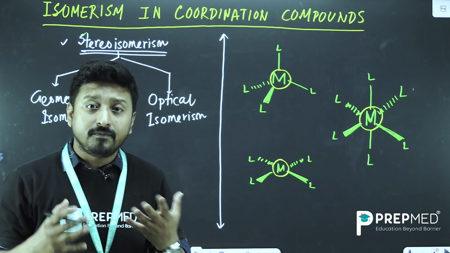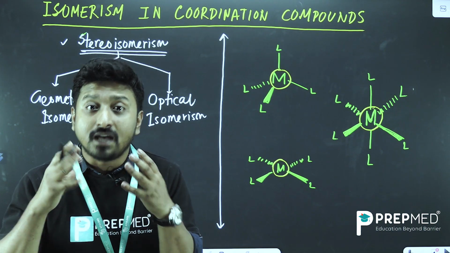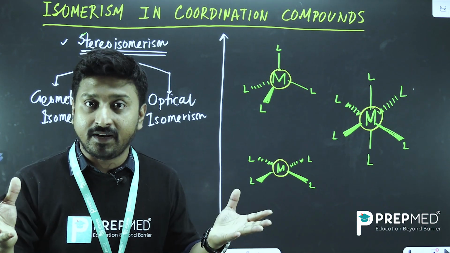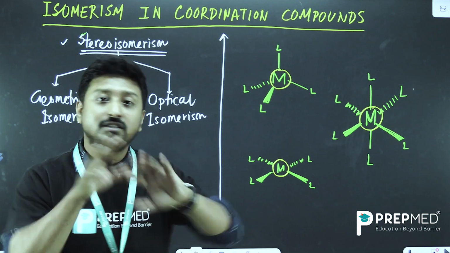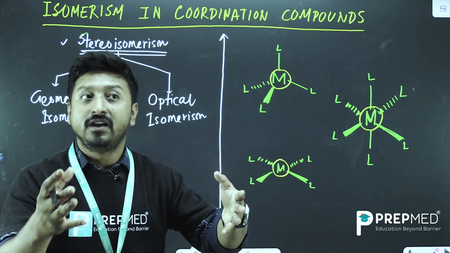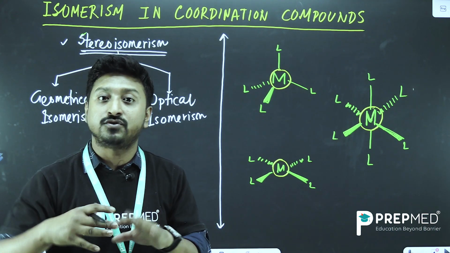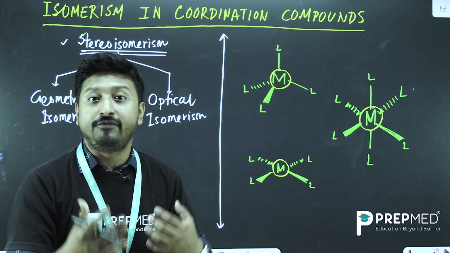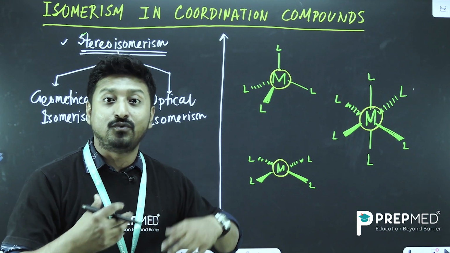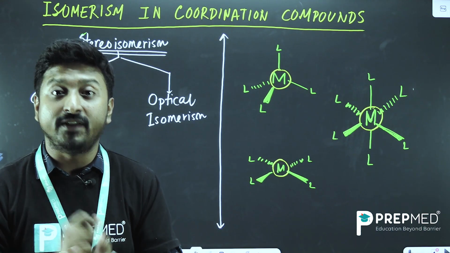Now stereoisomerism means nothing but the representation of some molecule in space, right? That means the molecule is not changing its structure. It is basically changing its arrangement. We can think of it like this: suppose the dress you are wearing at school, the school uniform, definitely you will not wear that school uniform at, let's say, some marriage ceremony or your friend's birthday, right?